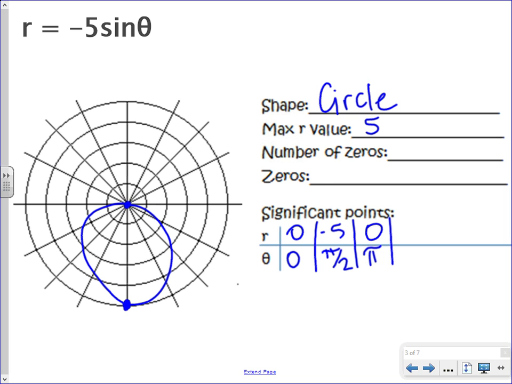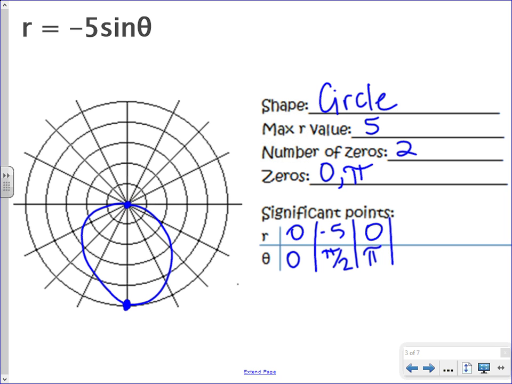Twice. Which means we would have two zeros. We have a 0 when theta is 0, and we have a 0 when theta is pi. When we plug 0 and pi in for theta, we get 0 for r.